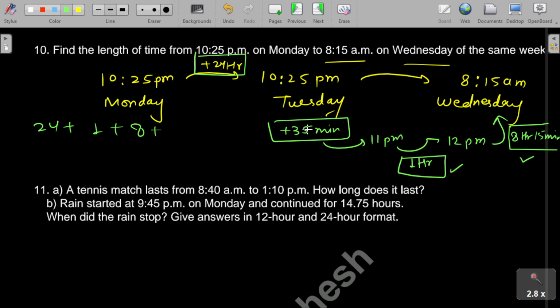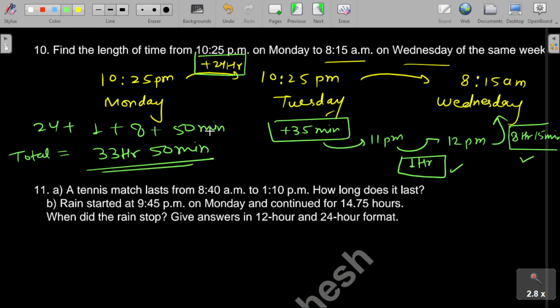So 24 plus 1 is 25, and 8 more is 33 hours and 50 minutes. This is the total length of time we moved from Monday to Wednesday.